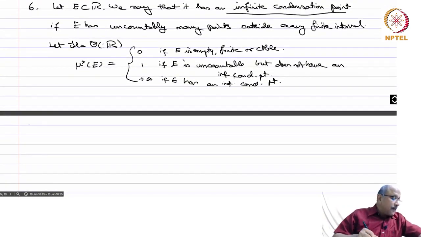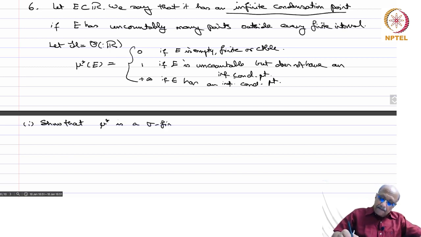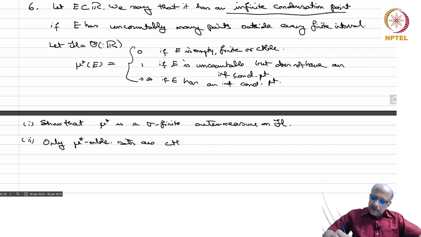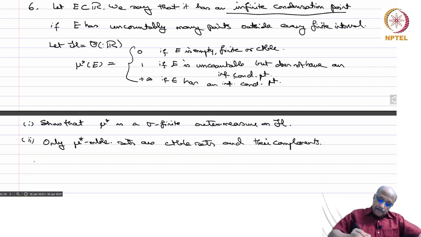So, 1, show that mu star is a sigma finite outer measure on H. 2, the only mu star measurable sets are countable sets and their complements. 3, mu bar is not sigma finite.